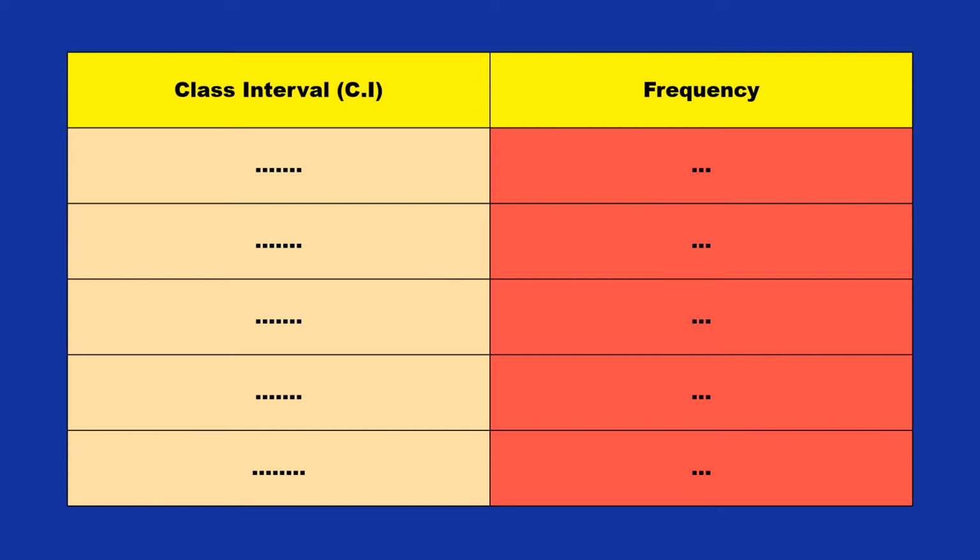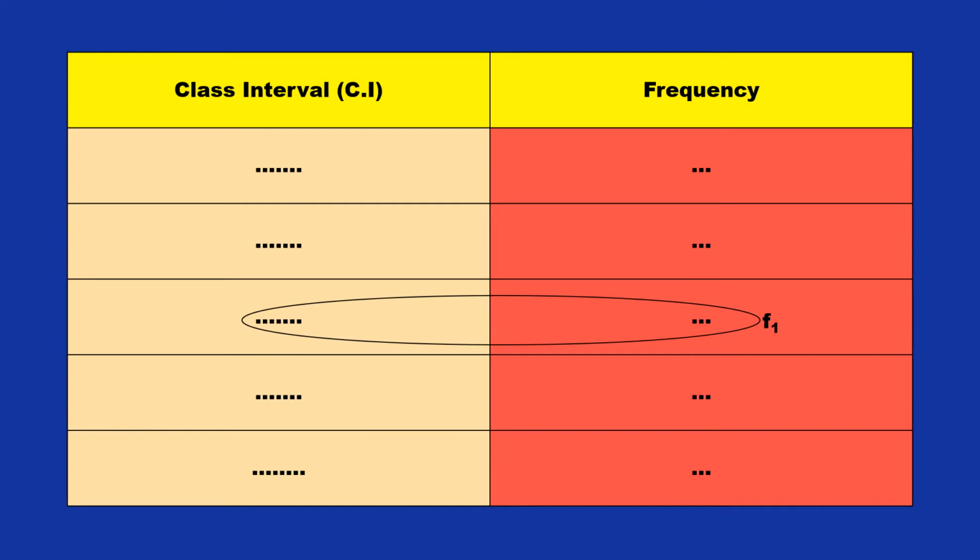The first thing you should write from the table is F1. What is this F1? Simple: the greatest value of the frequency is your F1. Suppose I have written 2, 3, 7, 1, 4. Here the greatest frequency is 7, so this is your F1. Wherever F1 is, that is your modal class.